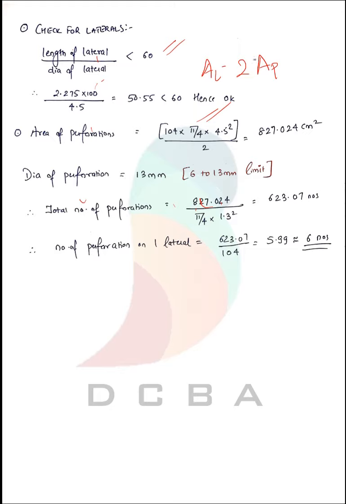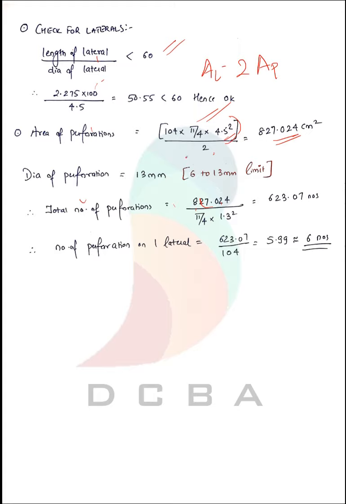So from this relation I can say that area of perforation is area of laterals divided by 2. So here I am calculating the total area of laterals, which is 104, the number of laterals, into pi by 4 into the diameter of the lateral that we just provided, divided by 2. So this is the new area of perforations which we need to provide.